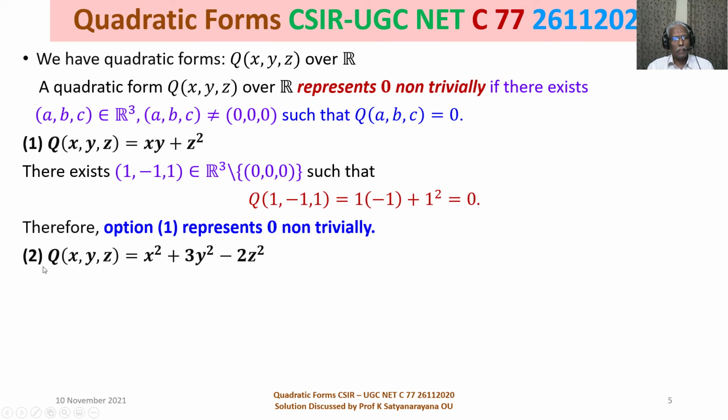Let us take the second option. Q of x, y, z is equal to x square plus 3y square minus 2z square. What have we considered?